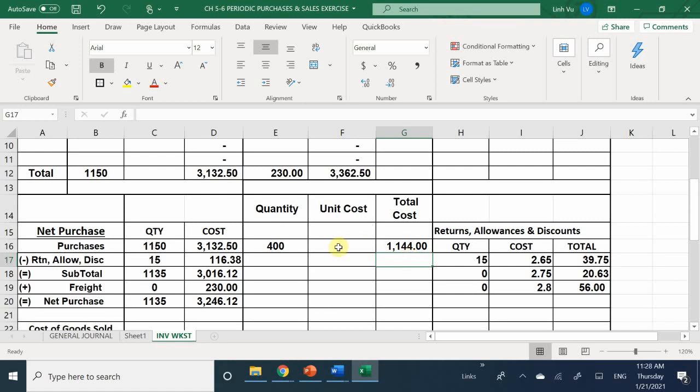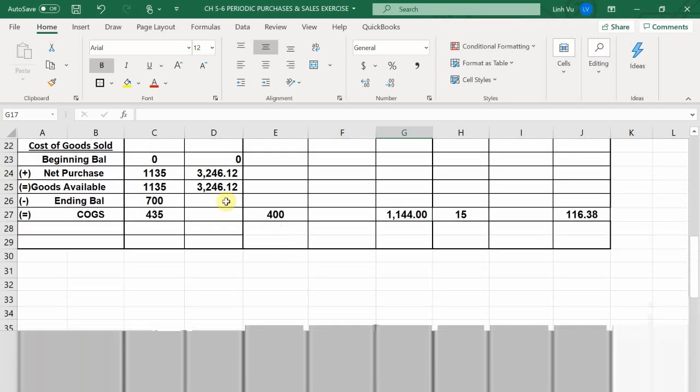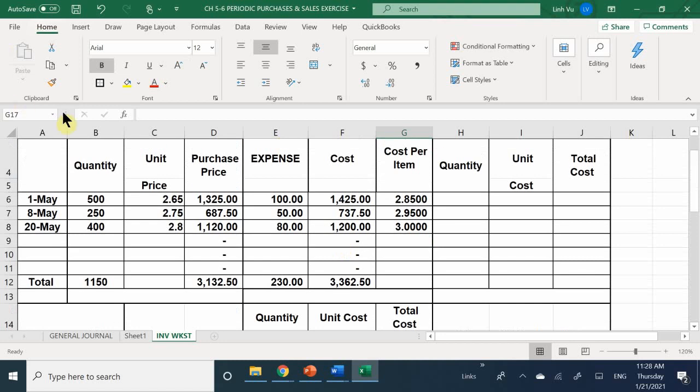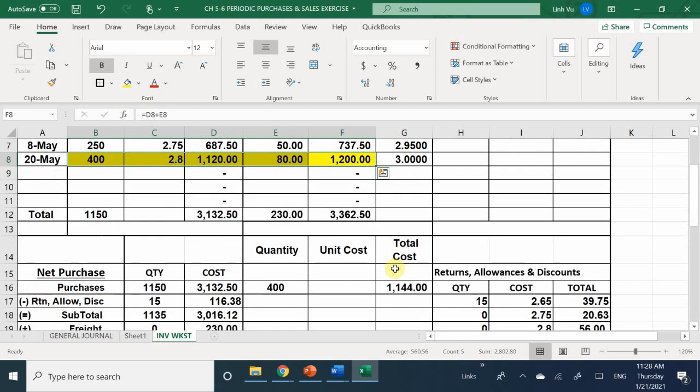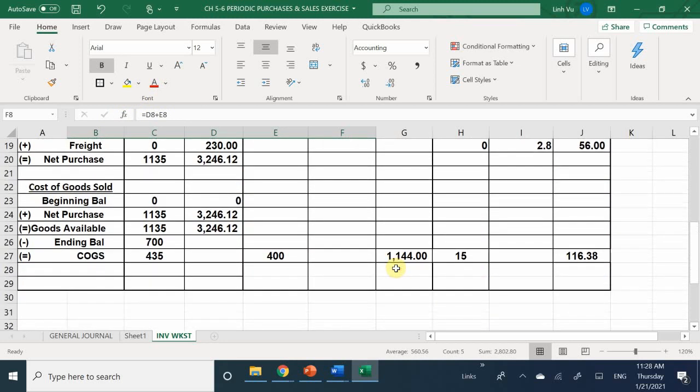So we are getting rid of this entire batch right here. I'm going to highlight this just so that we know that we got rid of this entire batch.